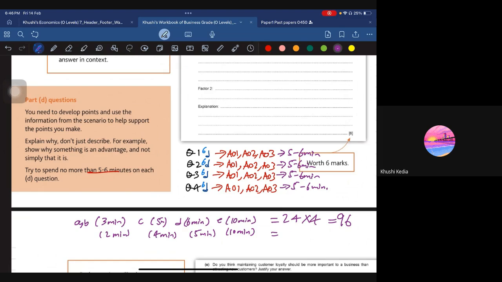So 15, then 19, 21. Yeah, that will give you some time, Kushi. So 21 into 4 is 84. So you have a 6 minute margin now.